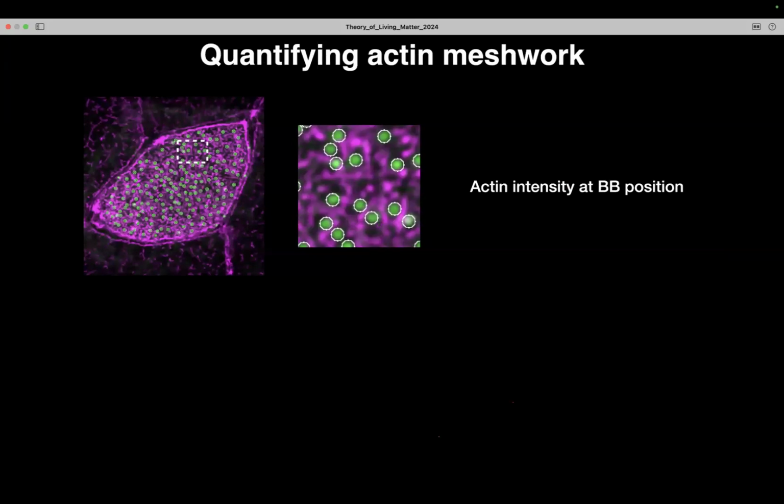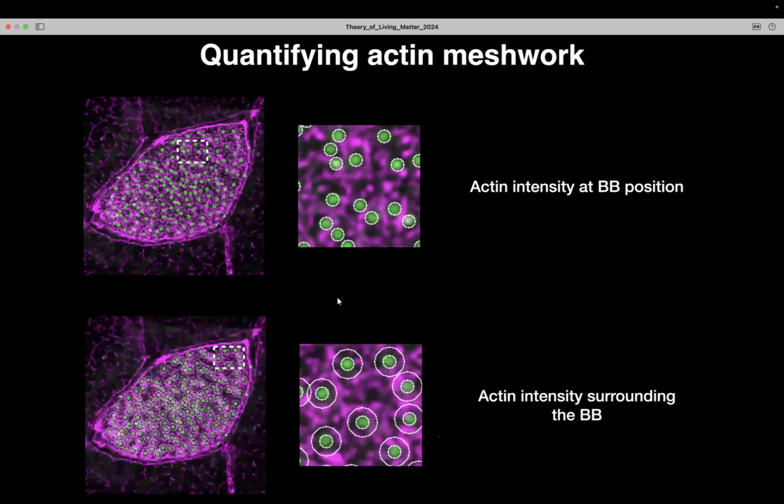So what we decided to do is to quantify the reorganization of actin network, and to do so, we measure the intensity of actin at the position where the basal body is present, relative to the intensity of actin around the basal body. So again, at the basal body and around the basal body, basically the donut structure.